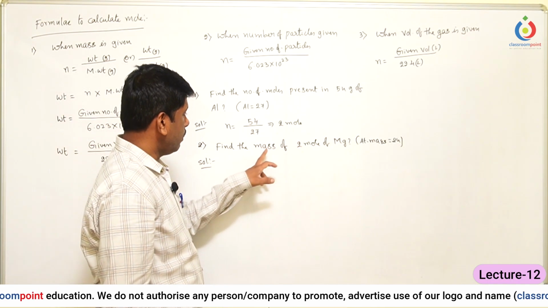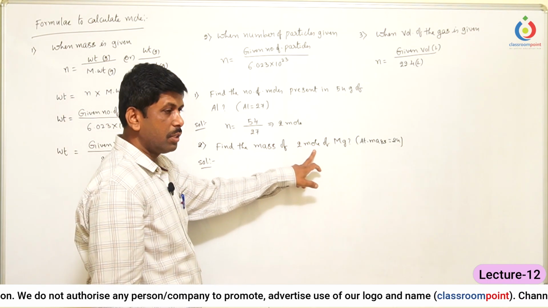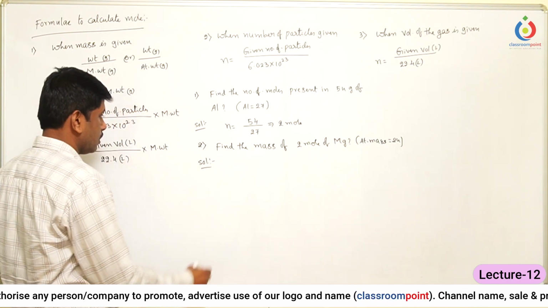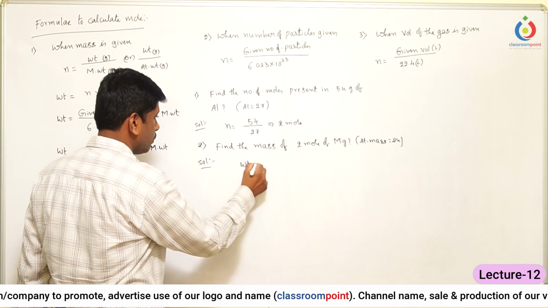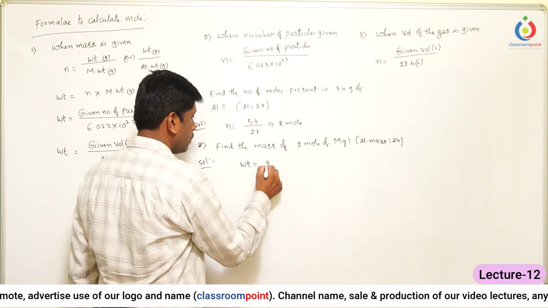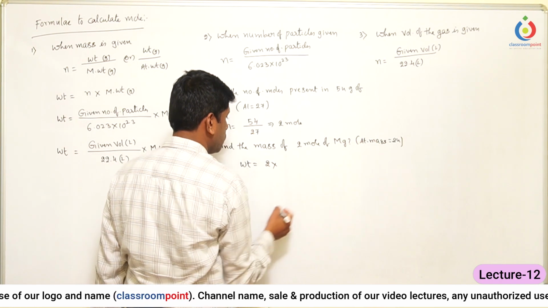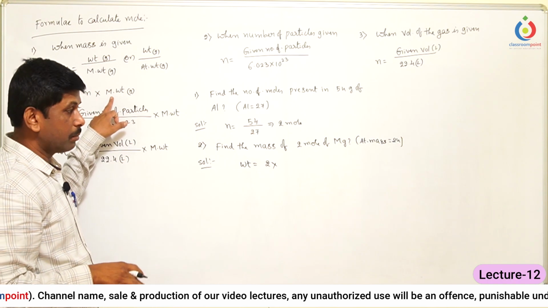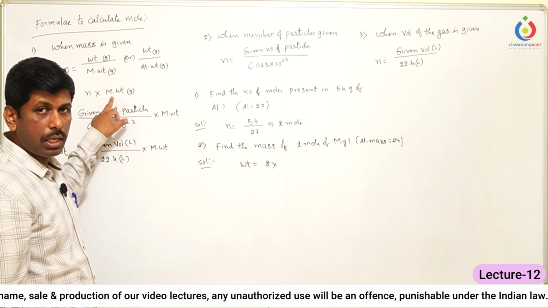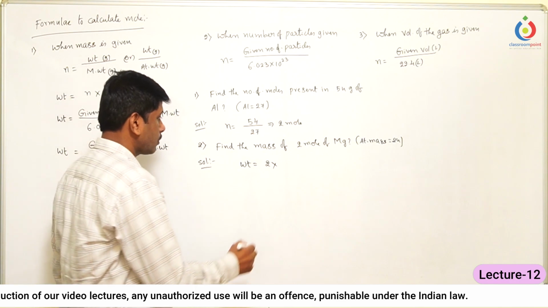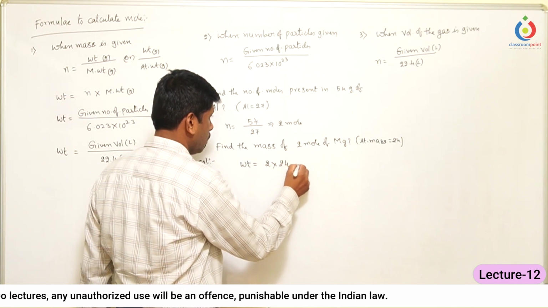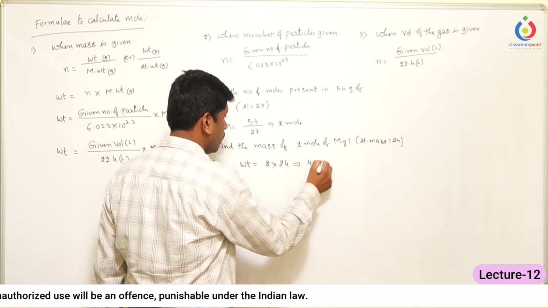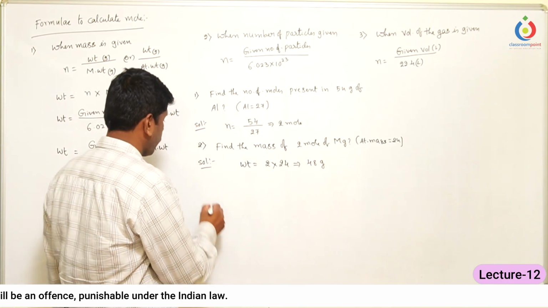We need to calculate the mass, and the information given is moles, so this formula helps us. Weight equals number of moles, 2 moles, into atomic mass. Here we have taken the molecular mass considering that molecules are given. If atoms are given, you have to take the atomic mass like this one. So it is 24. Total value equals 48 grams.